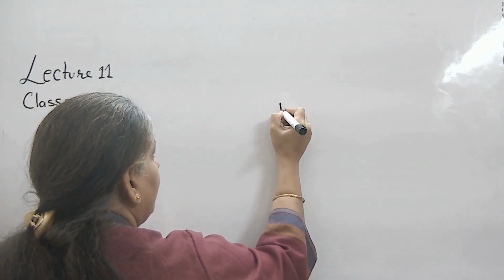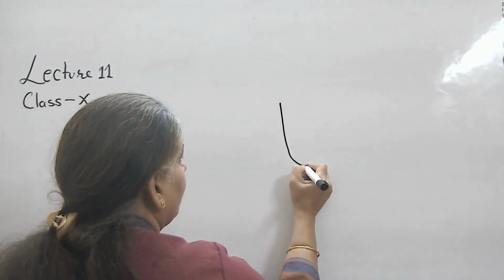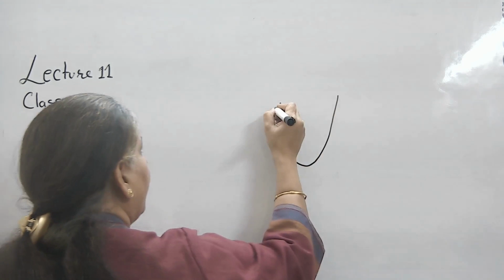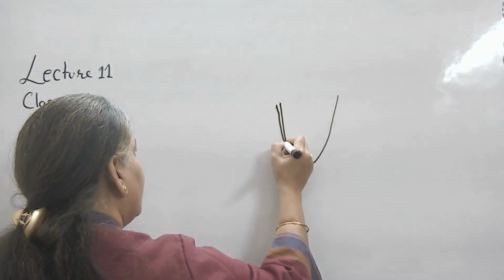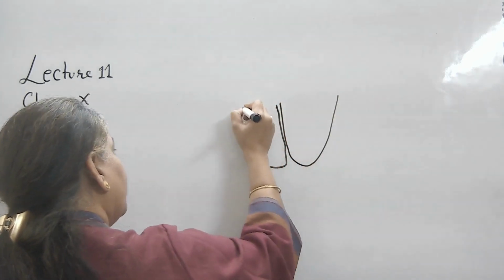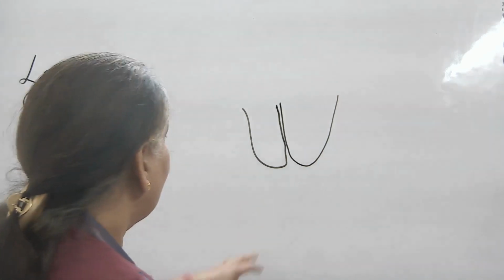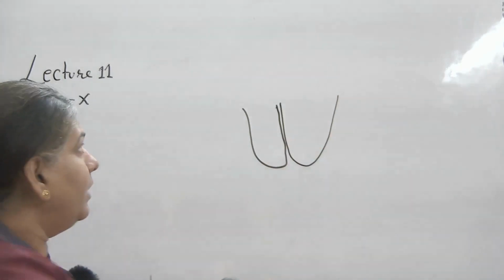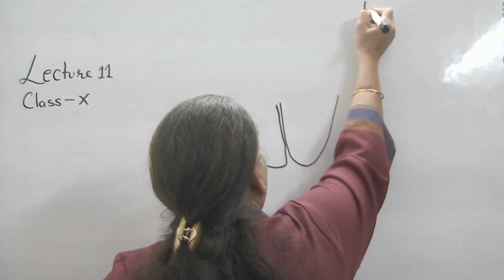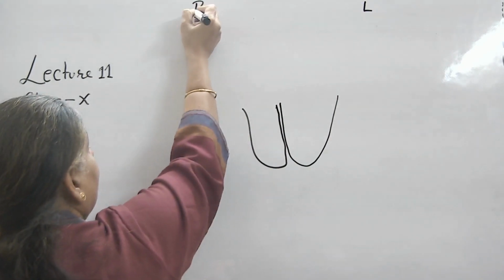First you should draw the ventricles, the lower chambers, left and right.